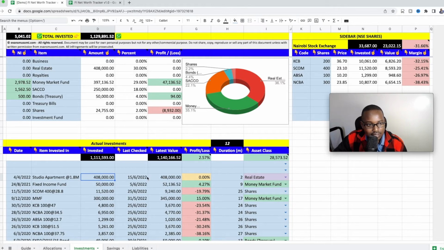And this is what is represented over here. Total investments are 12, which are noted. Total value of the investments is 1.1 million, and so far he's generating 5,041. Those are the things that are actually assets at this point.